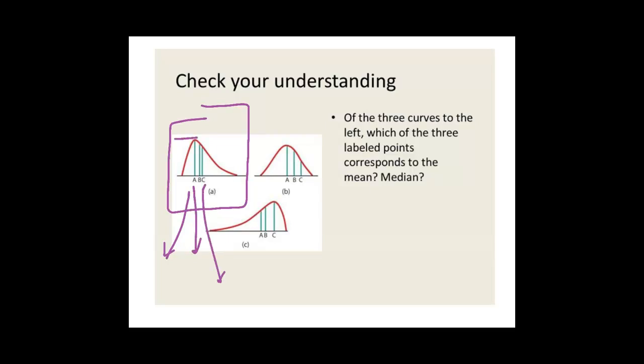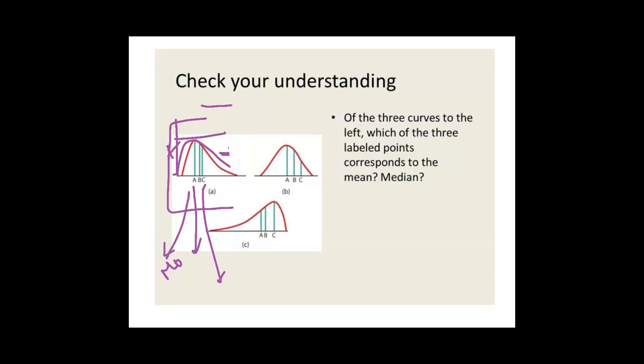A is the highest point on this graph, and I remember that the y-axis is a frequency count. So that highest point must be the mode. Now, I see that there's a slight skew to this, so that there's a tail on the right-hand side, and that tail is positive, so it's a positively skewed distribution.